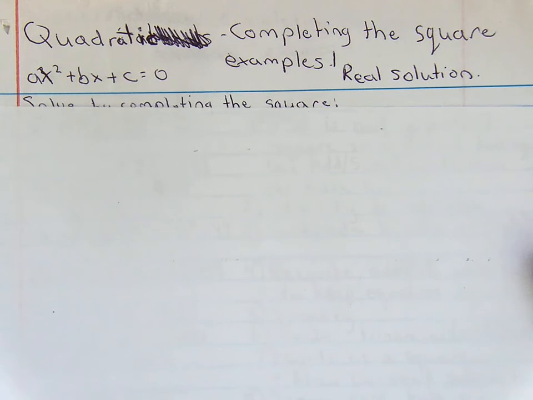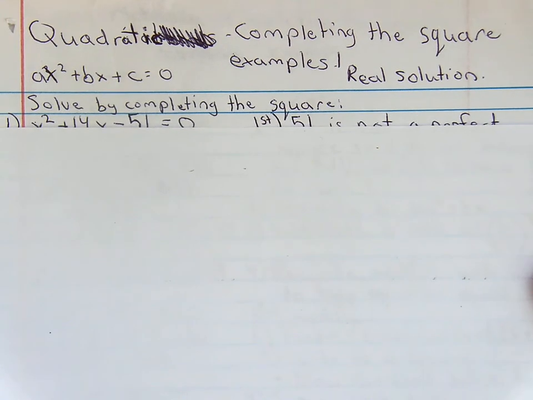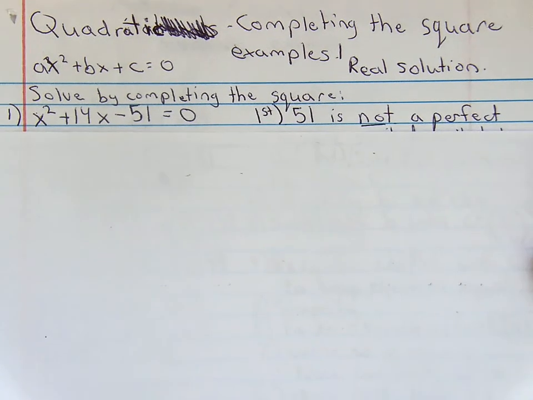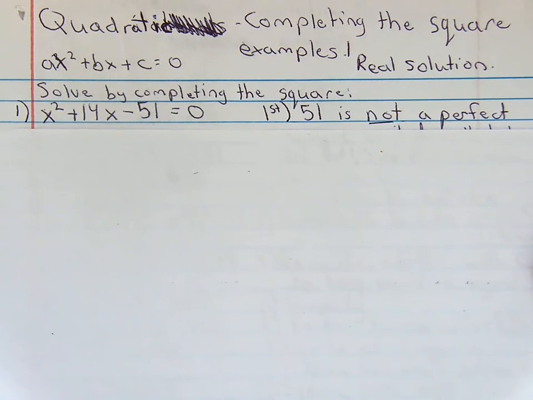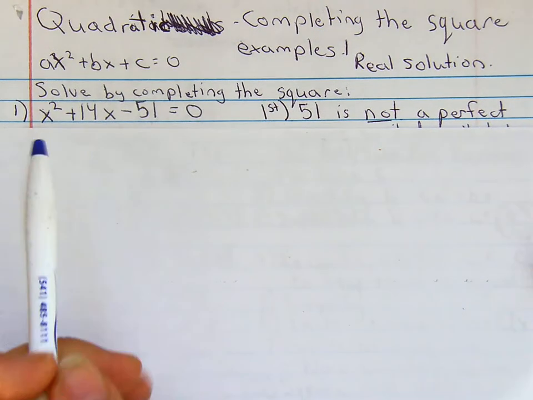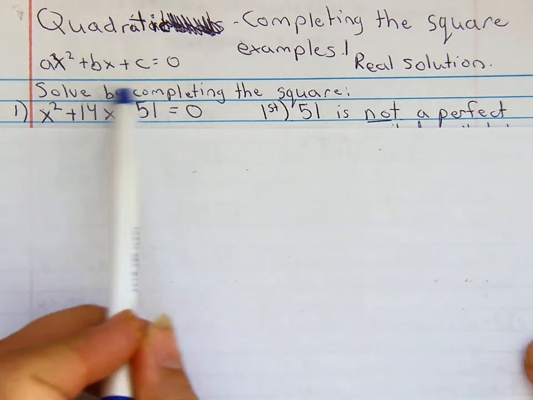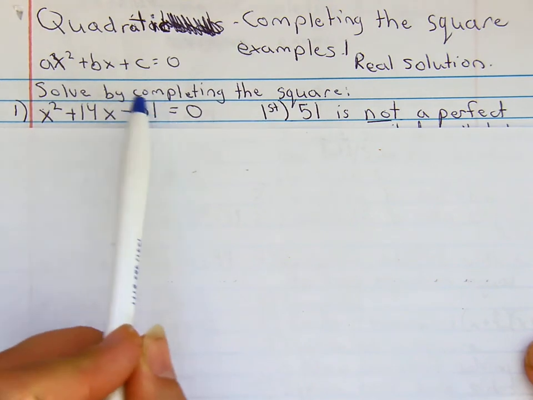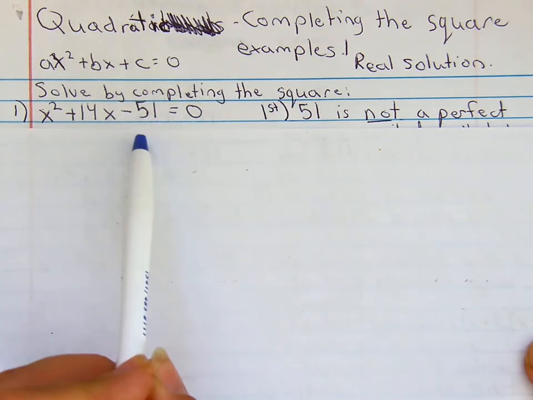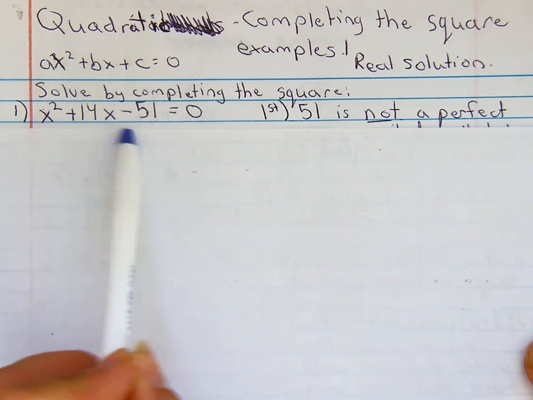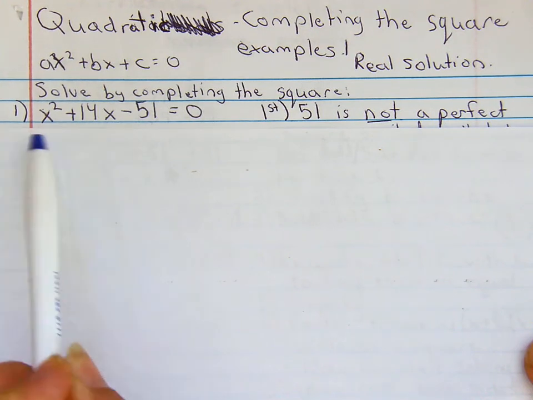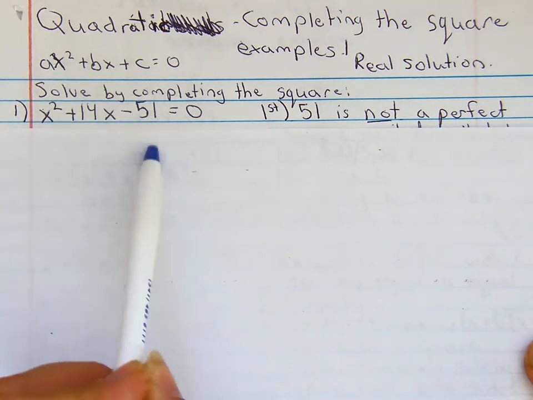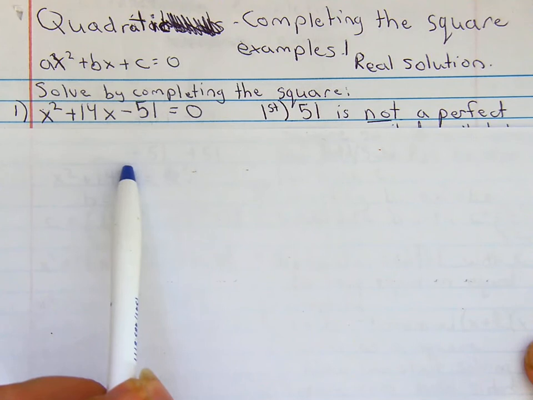So we have our first example, and solve by completing the square is usually the term that you'll see. So you might see something that looks like this. And the important part to note is, I don't have a perfect square over here. If this is completing the square, then this should mean that this should be something I can factor into two binomials that are perfect squares of each other.